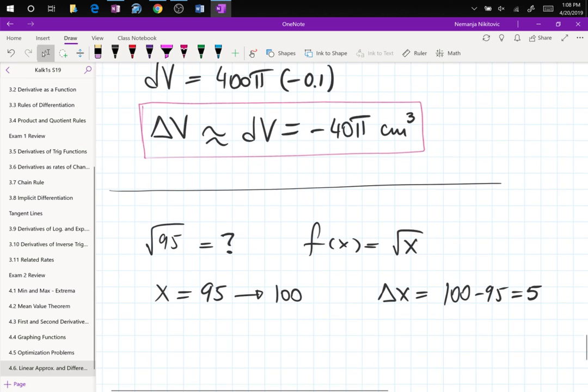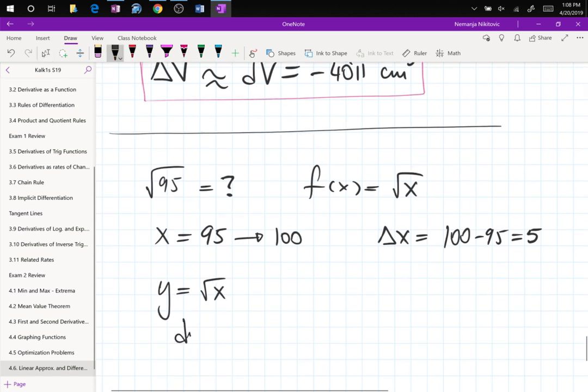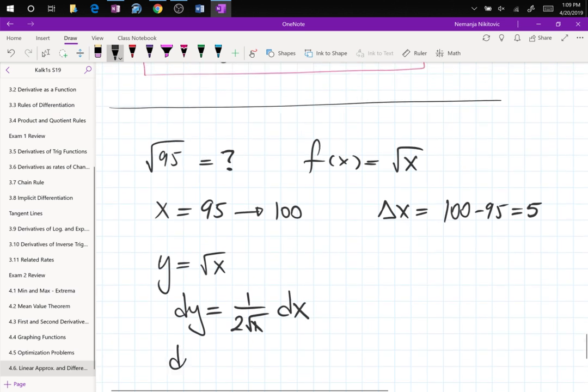So y is equal to square root of x. So the differential dy is 1 over 2 root x dx. So dy is equal to 1 over 2 times square root of 100 times 5.